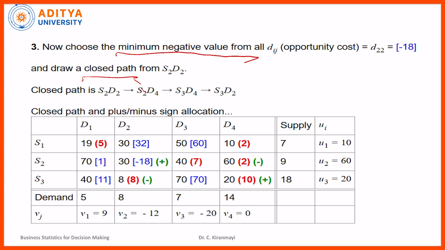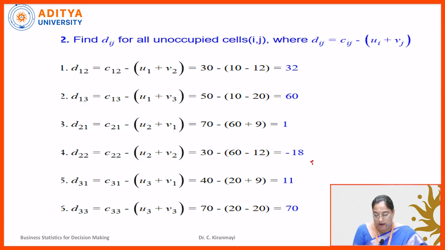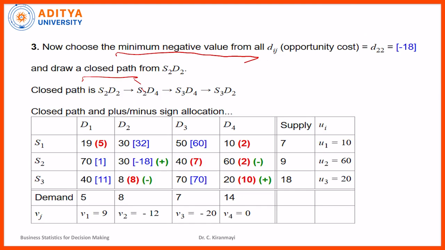Among the unoccupied cells, we start from the cell having the most negative or least value. Cell 22 has the least value, this one, C22. From this unoccupied cell we create the closed path, and from this unoccupied cell we move to the next occupied cell, that is this one.